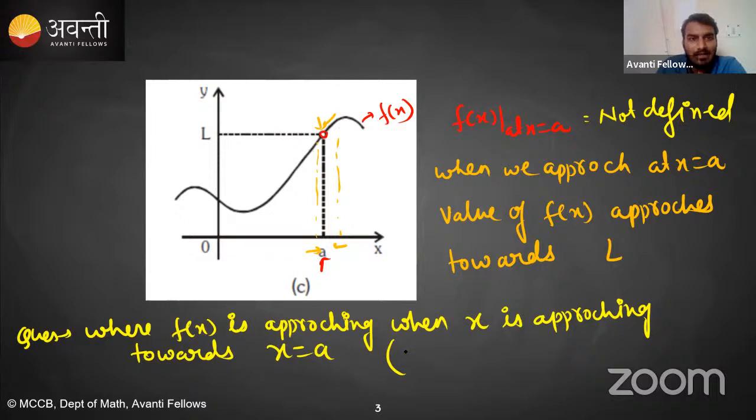There is a symbol we use, that is x tends to a. It means when x is approaching a, where is my f of x approaching? That is the most important question, and the only question that we are going to answer in the limit. There will be so many ways we will see to answer this question.